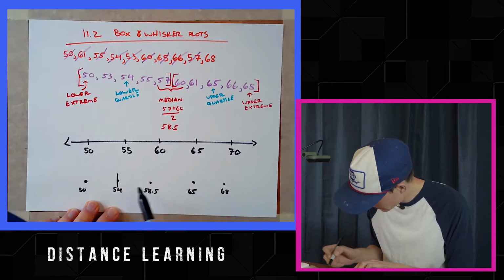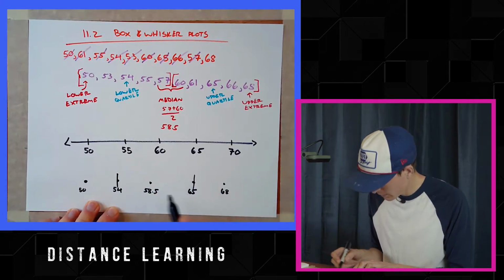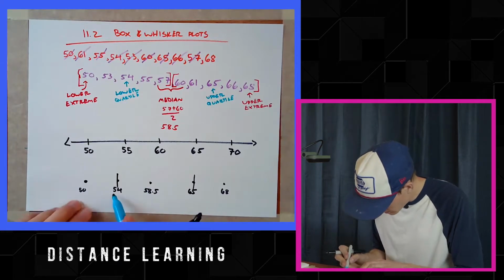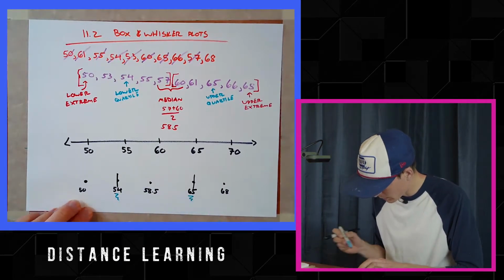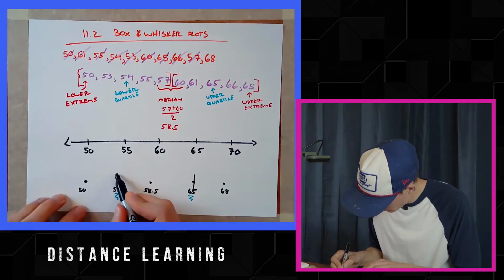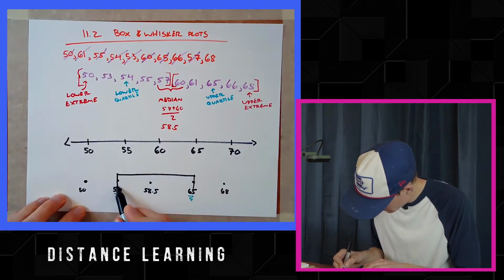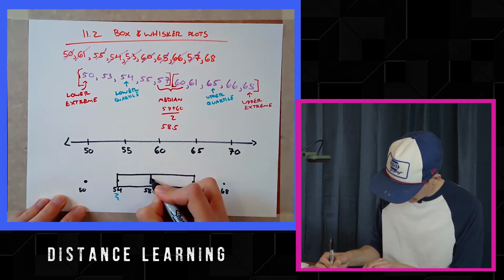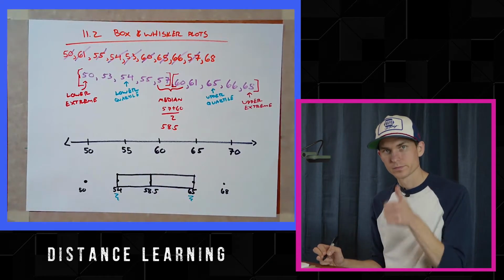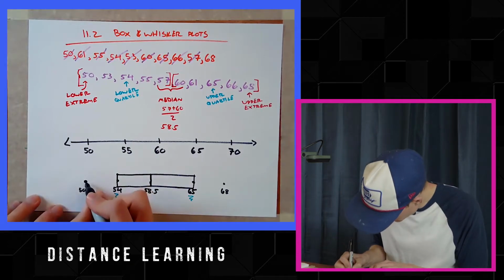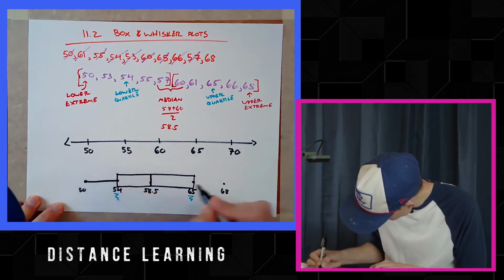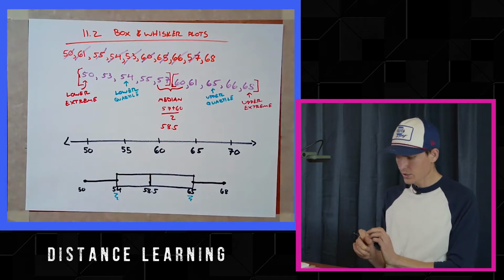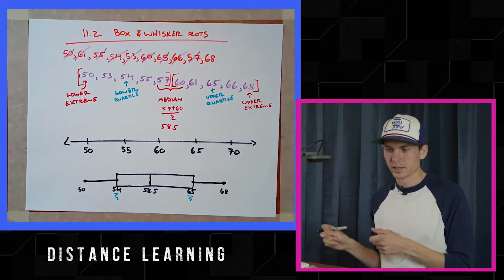From your lower quartile to your upper quartile. That's a little box. Your median gets a line in the middle. And then you just connect. This is your box and whisker plot.